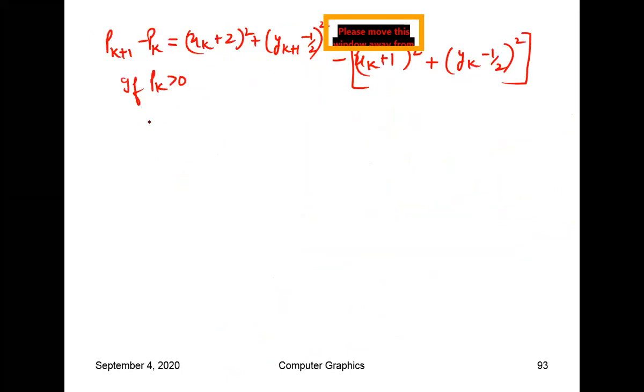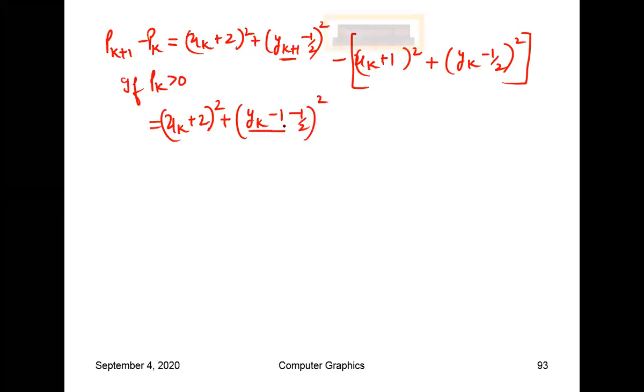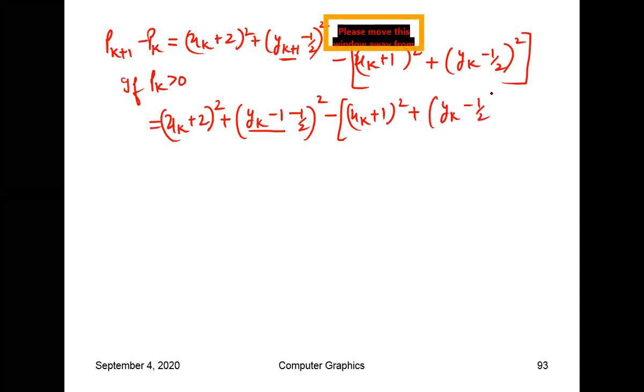So this is xk plus 2 whole square plus yk minus 1 minus 1 by 2 whole square. This whole will be the lower pixel, and this will be xk plus 1 whole square plus yk minus 1 by 2 whole square.